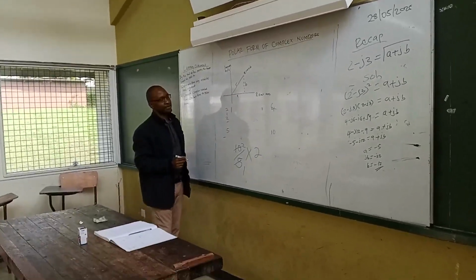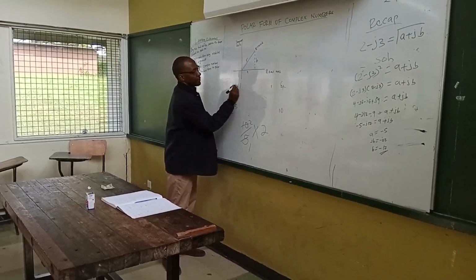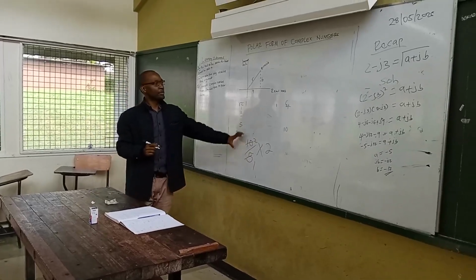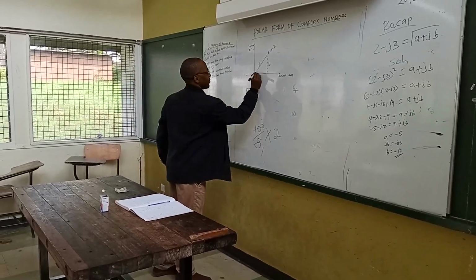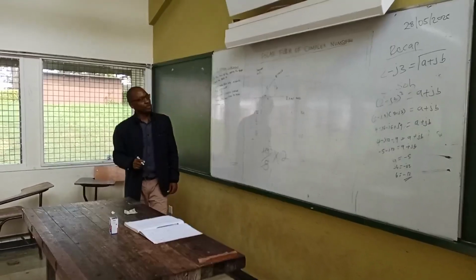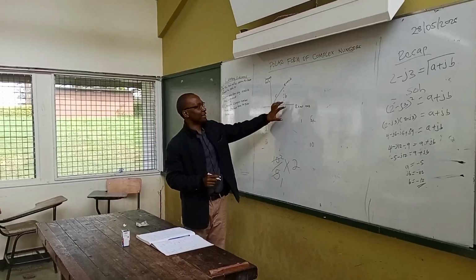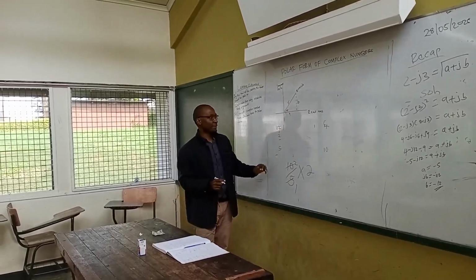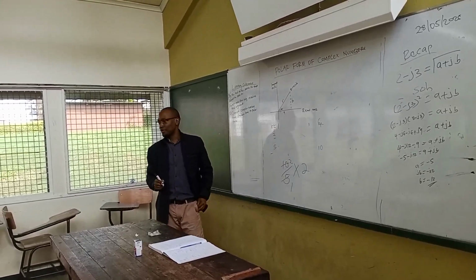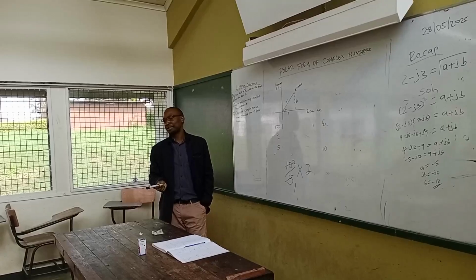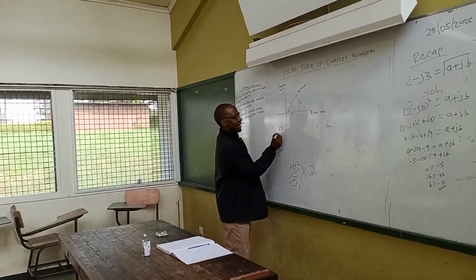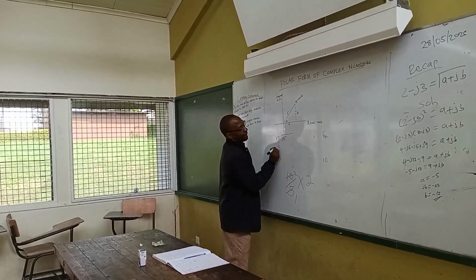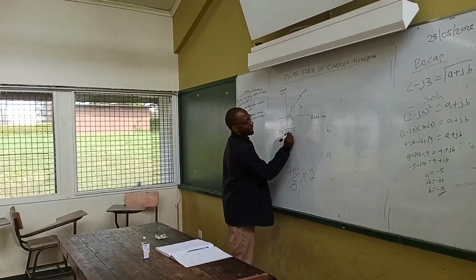So when you are trying to find the value of r, how will you go about it? You have been given a, you have been given b, and you have been given r. How will you find the value of r here? You can apply Pythagoras theorem, whereby r will be equal to the square root of a squared plus b squared.